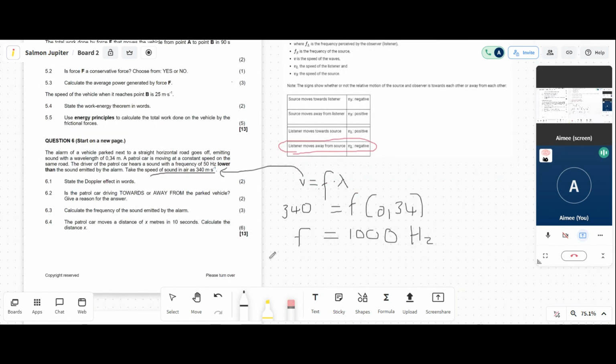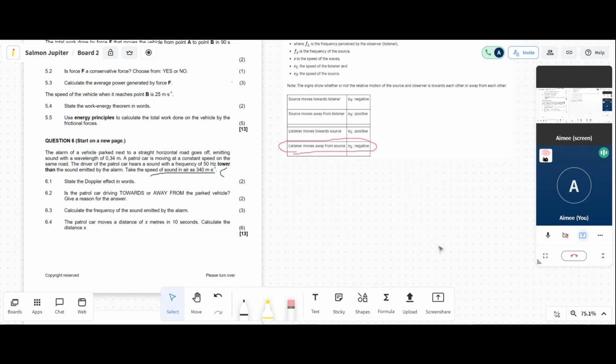Okay, the next question says that the patrol car moves a distance of X meters in 10 seconds. Calculate distance X. This one's a little bit more difficult, but the principles remain the same.